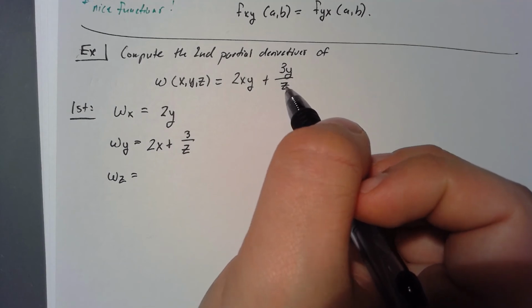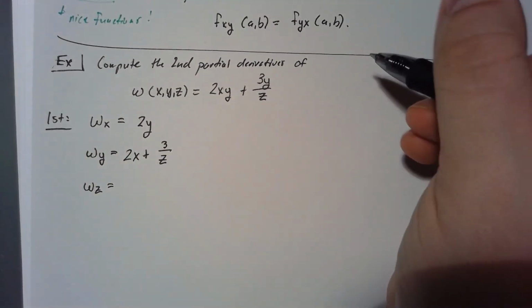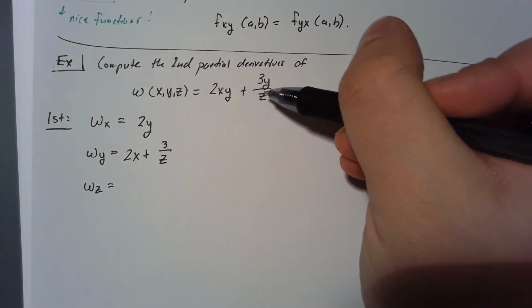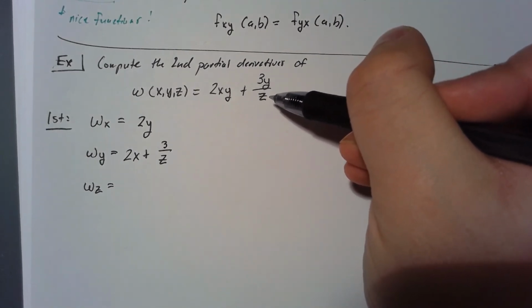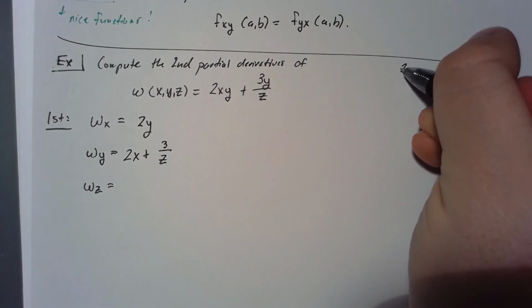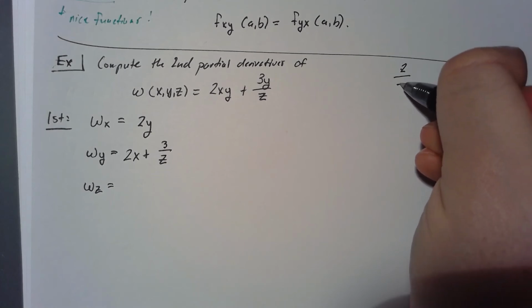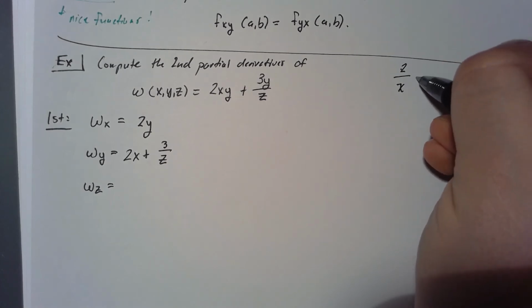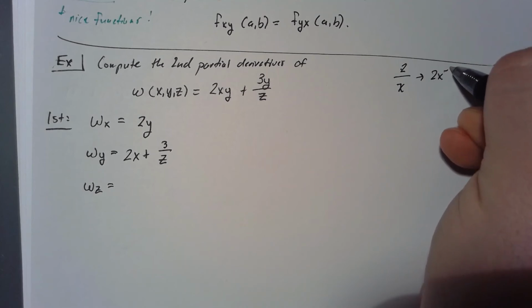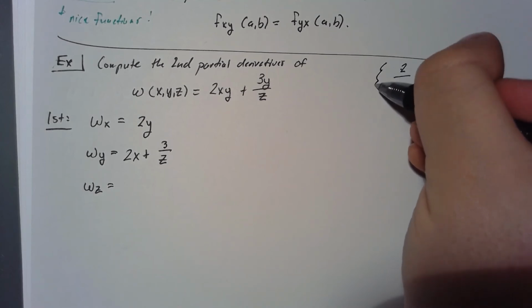So what I want to do here is think of it as some number over z, right? And if I rewrite that with z to the negative first power, I can use the power rule. So I'm thinking of it like that, right?